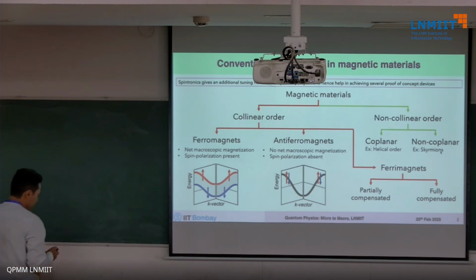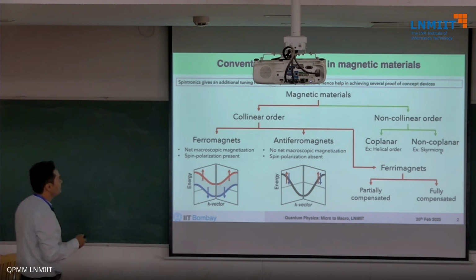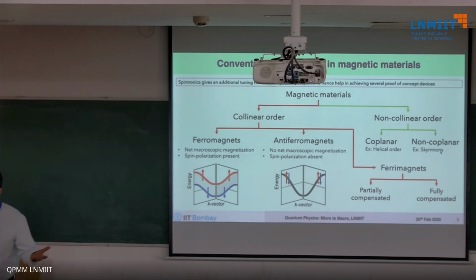And from textbook analysis, we do understand the ferromagnets and the antiferromagnets, because each of them has its own susceptibility, rather the temperature dependence of susceptibility. Antiferromagnets are very well known for their Néel temperature and so on.